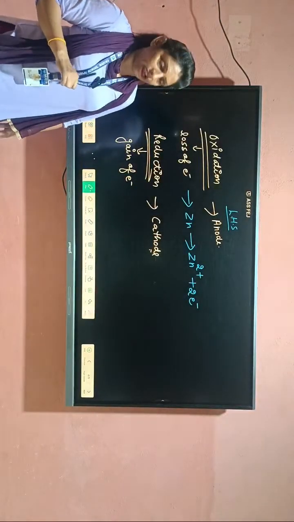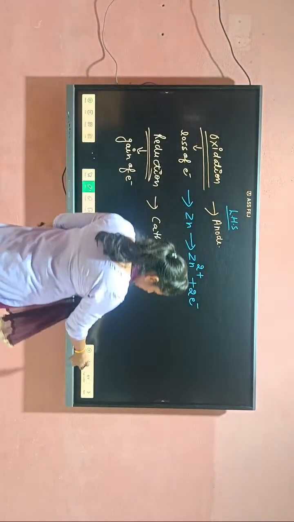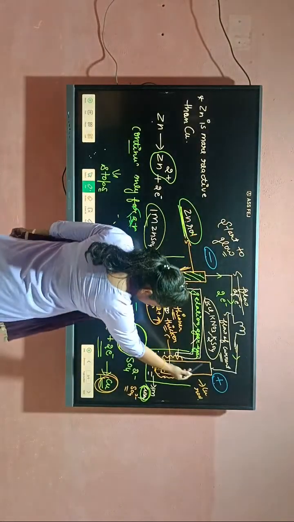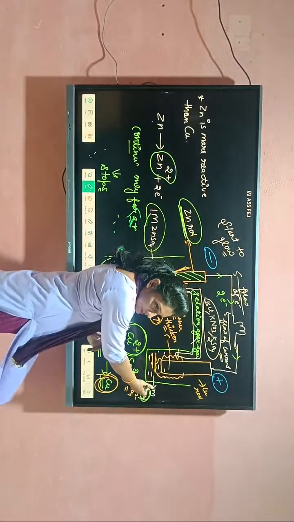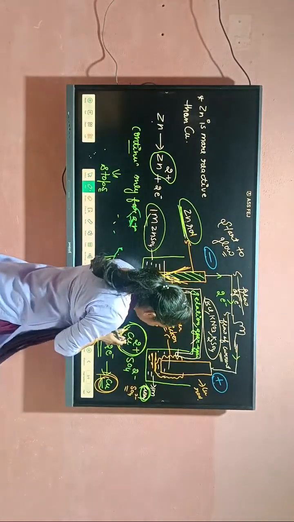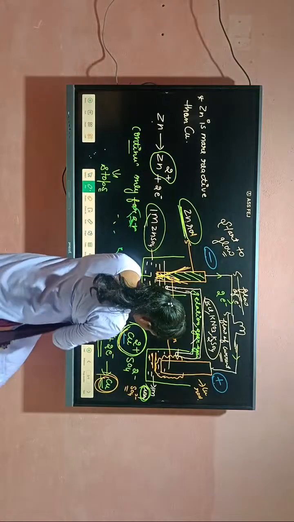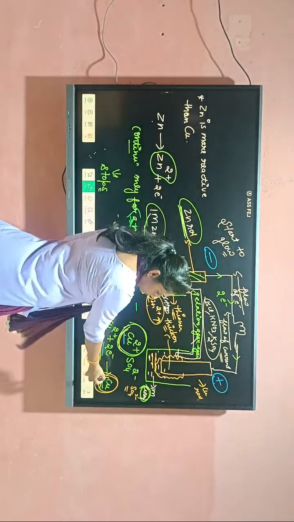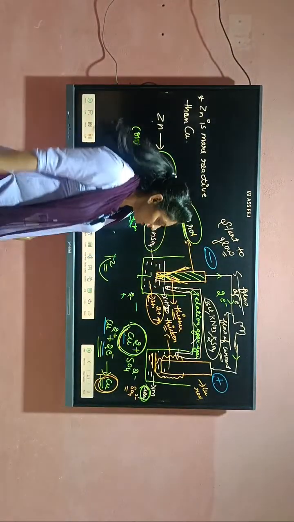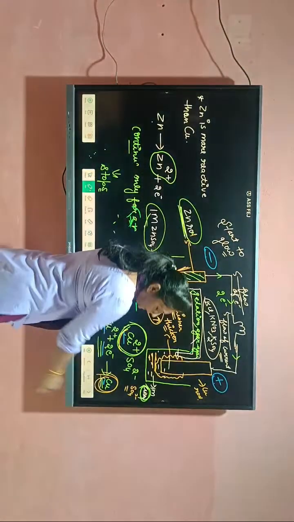Clear or not? And students, here you can see, this one is the left hand side and this one is the right hand side. Here what will happen? These copper ions are gaining the electron and converting into copper metal.